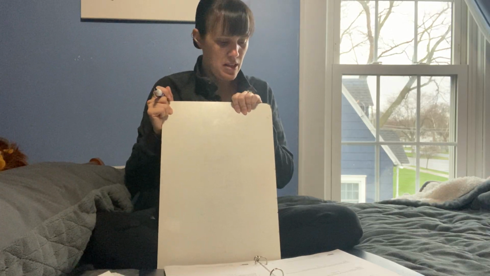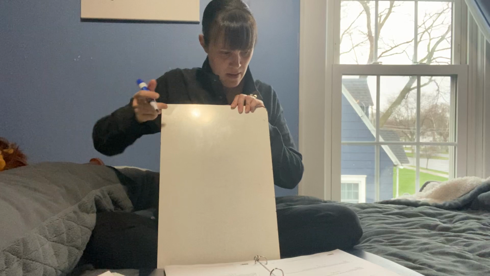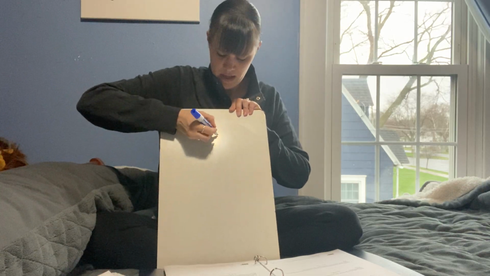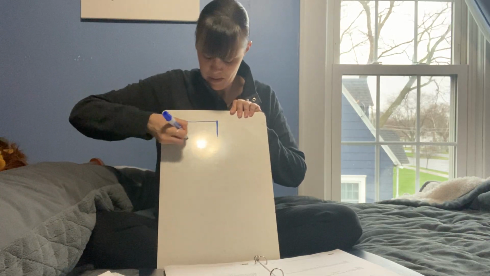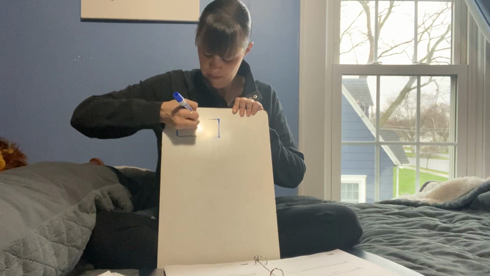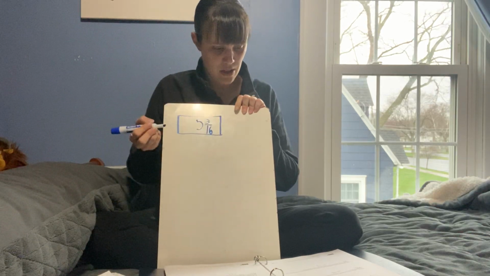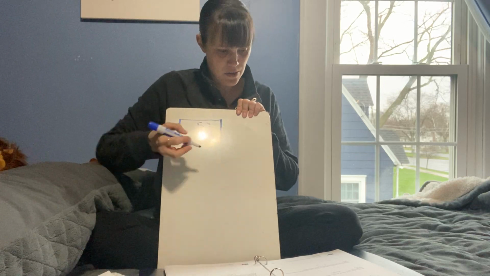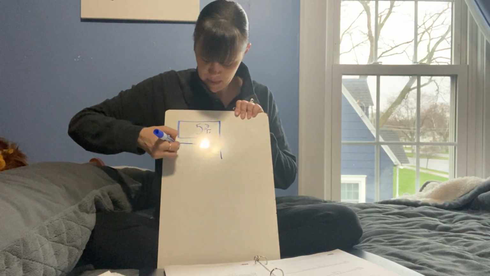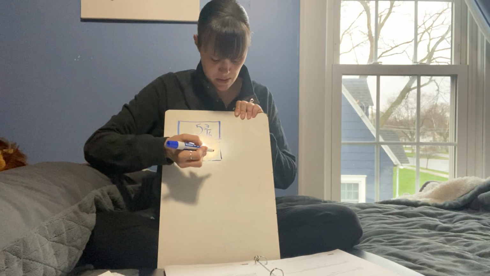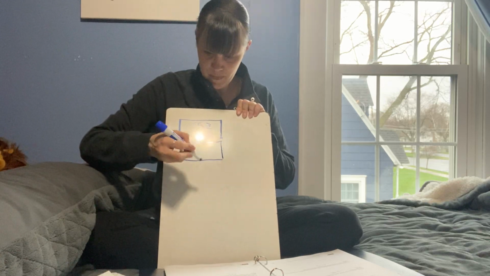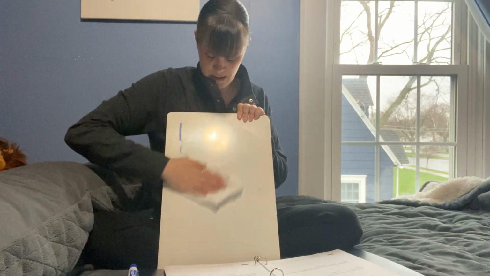Or, actually, not necessarily. Let's draw this. Natasha's sculpture is 5 3/16 inches tall. Maya's was 4 times as tall. I don't have enough room here, so let me turn this sideways instead.